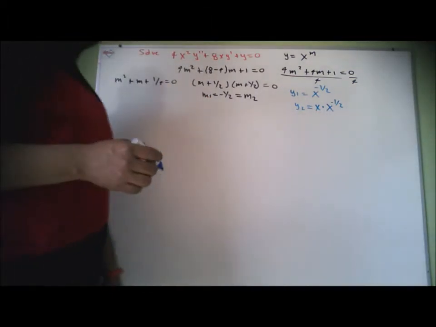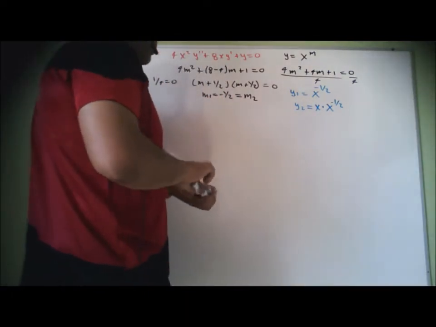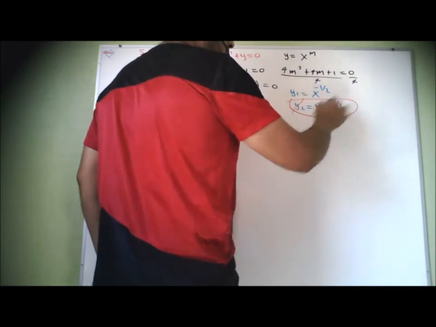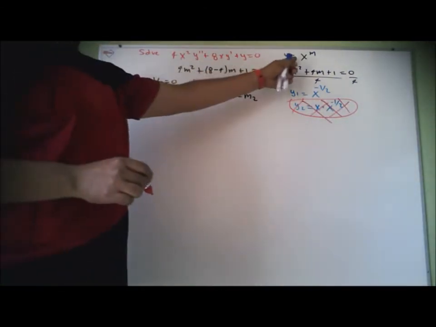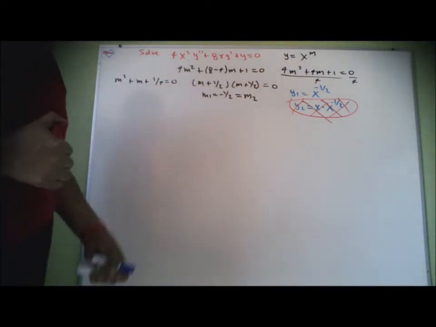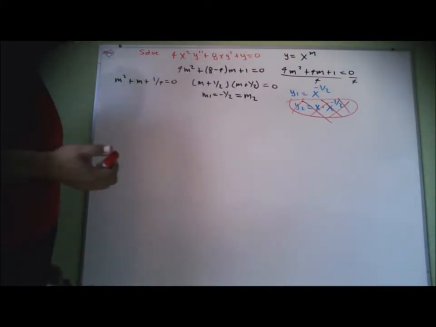However, that rule is not true here. That was true when you have constant coefficients and the solution was exponential. So that is not the fix. So what we have to do is find the fix.